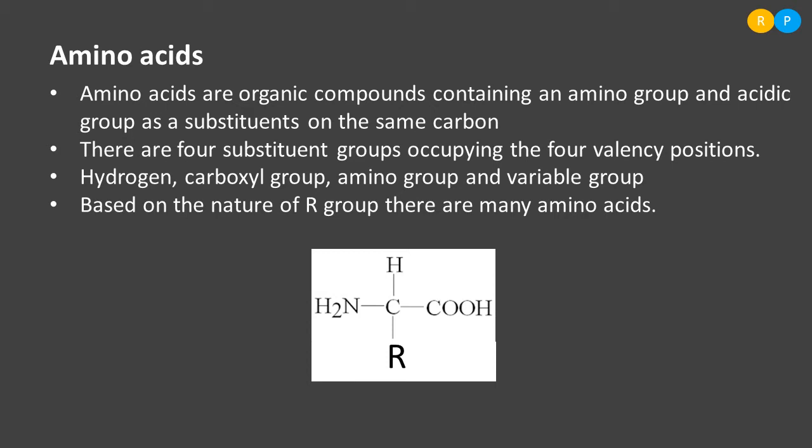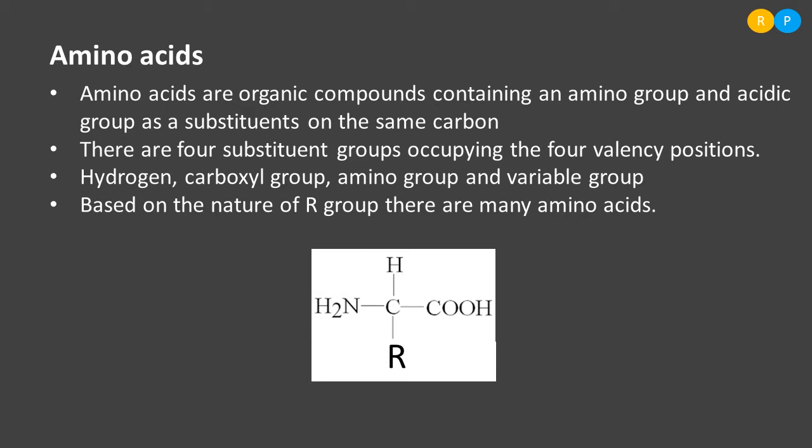In some amino acids, in place of the R group, we can see hydrogen, or in some we can see the CH3 group, the methyl group. Like this, based on the substituent group present at the variable R group position, we can divide the amino acids into different types.